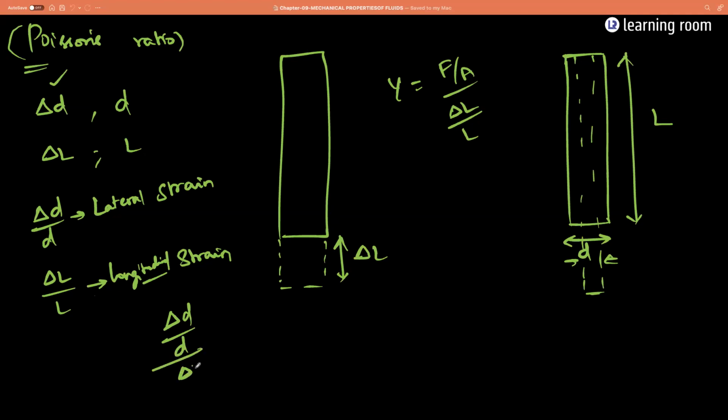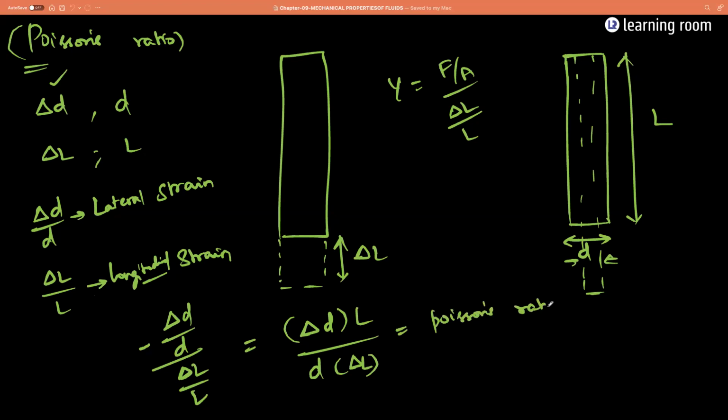Delta D by D divided by delta L by L, both are an effect. You know what is the meaning of effect? Effect is something that you're able to see because of you adding the load. The only point is here delta D by D will be negative because the diameter is decreasing. So if I am able to write this as delta D into L divided by D into delta L, then this ratio is called Poisson's ratio, and it is generally represented by sigma.